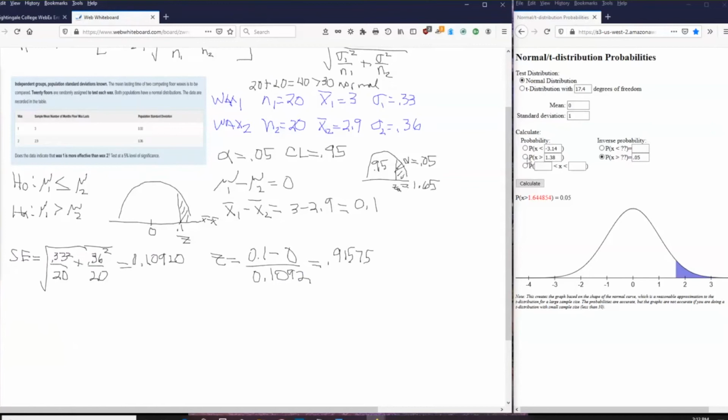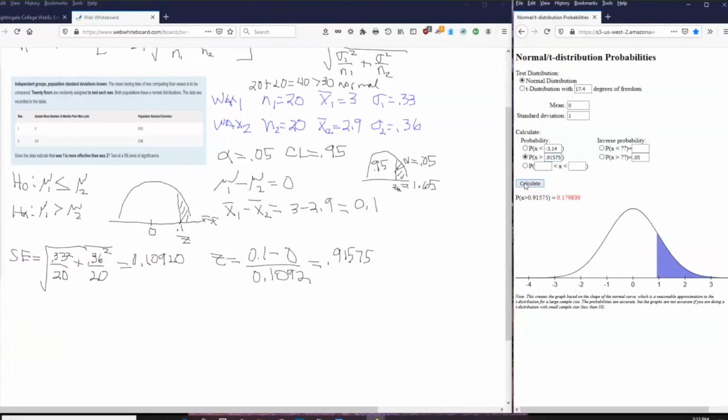I'm looking for the probability that x is going to be greater than my z value of 0.91575.